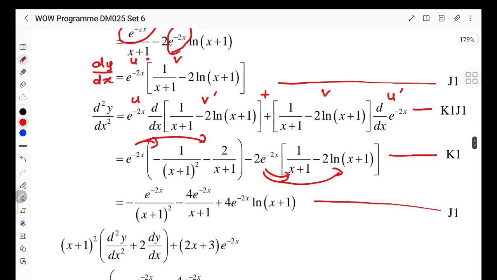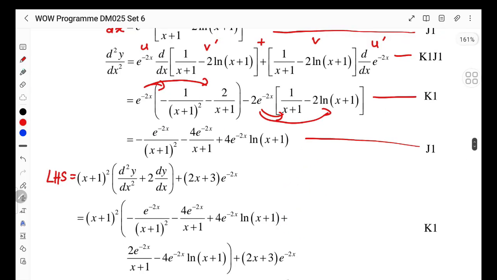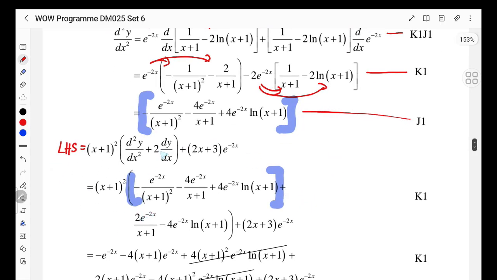Now, to show that the left hand side equals the right hand side, this is your left hand side. Left hand side equals this function. So just substitute (x plus 1) squared, copy back. d squared y over dx squared is this function over here, the function that you already found above. Plus 2 times dy/dx. This is your dy/dx.